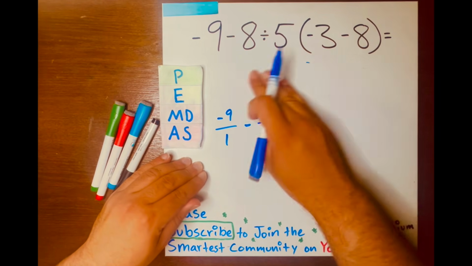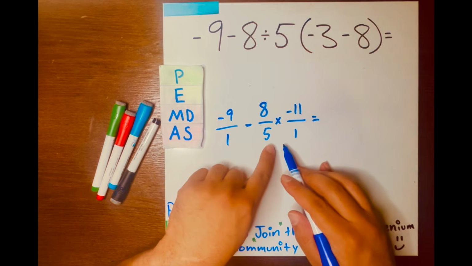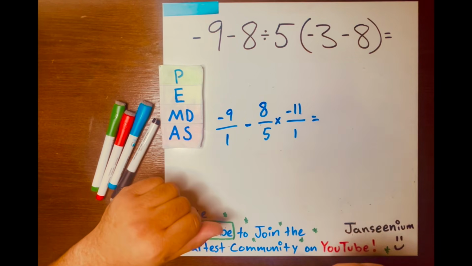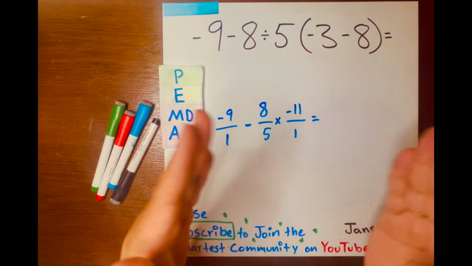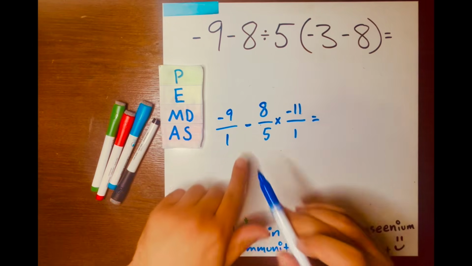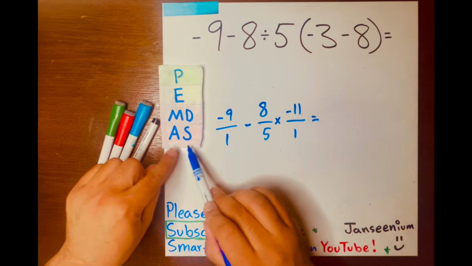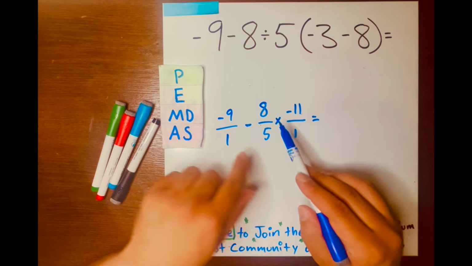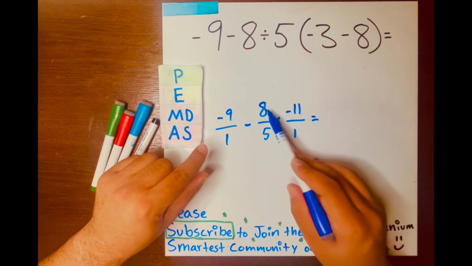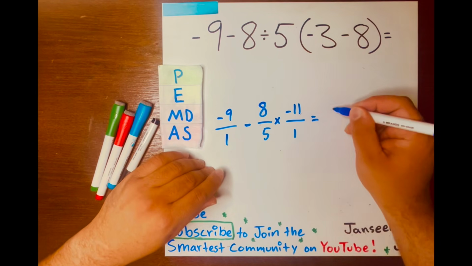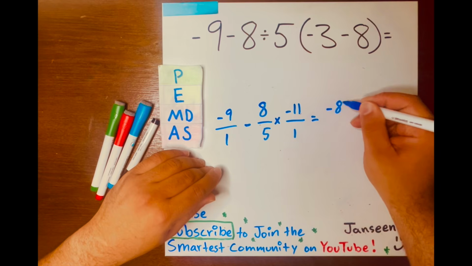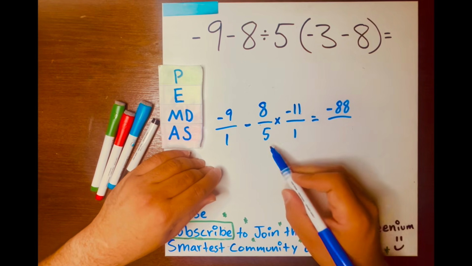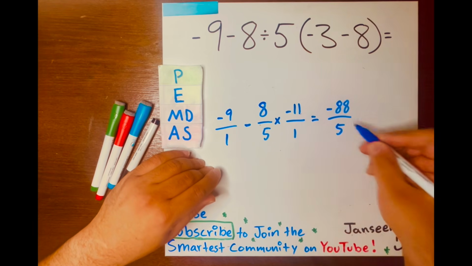And PEMDAS is saying that multiplication goes first, not subtraction. Remember, left to right within each level. Subtraction is in the lowest level. Multiplication is above the lowest level. So we multiply across. 8 times -11 is -88 over 5 times 1 is 5.